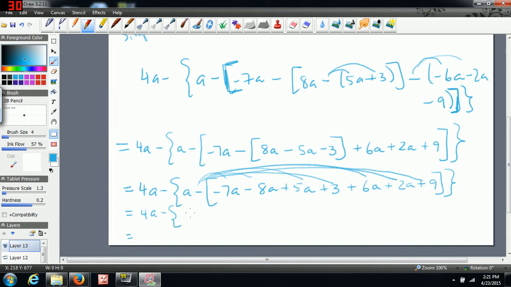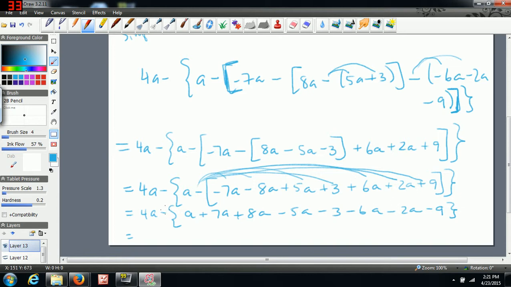So this becomes 4a minus a, and then this here becomes positive 7a, the negative and the negative become positive 8a, the negative and the negative here, minus 5a, negative 3, negative 6a, negative and positive, negative 2a, negative 1 times positive 9 is negative 9. And we can write the external brackets. An easy way to remember is that a negative 1 just changes every sign to the opposite of whatever you have.